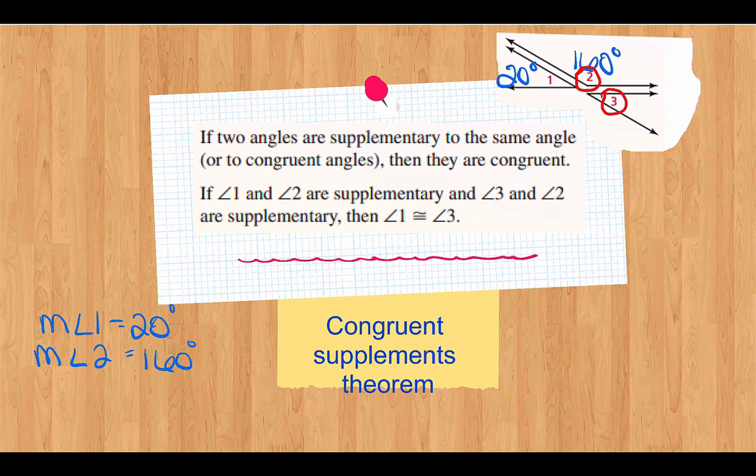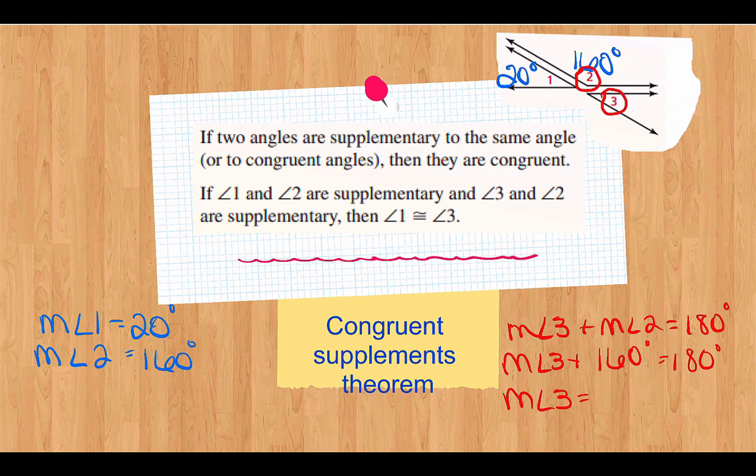We know that the measure of angle 3 plus the measure of angle 2 equals 180. And we know that the measure of angle 2 is 160. Then by subtracting 160 from both sides, the measure of angle 3 has to be 20.